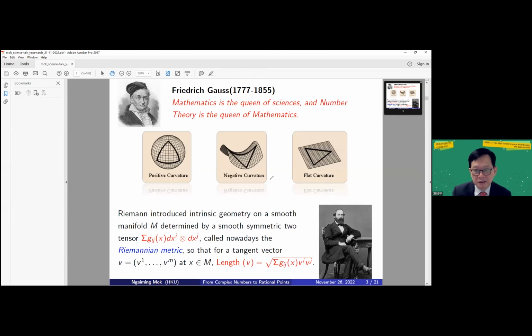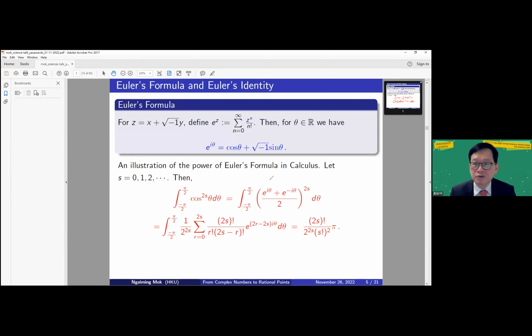Now, I got to know the complex numbers when I was learning calculus in Form 2, and I was really amazed by the fact that one can do certain integrals very elegantly using Euler's formula. And here is the Euler identity. It says e to the power i pi plus 1 is equal to 0. Also, e to the power 2 pi i would be equal to 1.